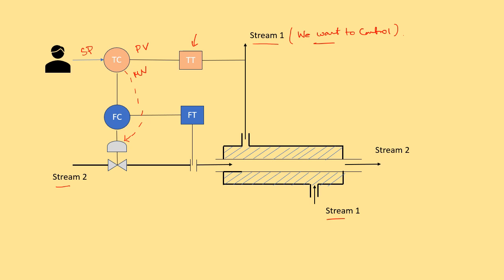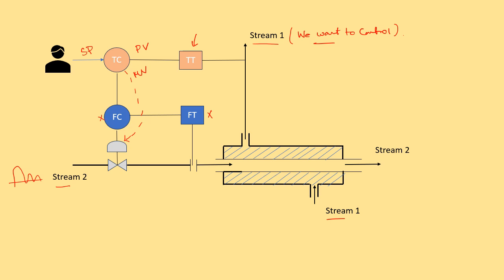Now what happens if there is a fluctuation in the flow of stream 2? There might be fluctuation because of some upstream disturbances. For the time being, we are considering there is no flow transmitter and no flow controller here.